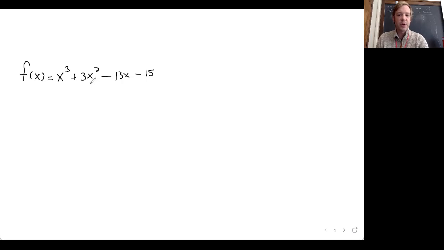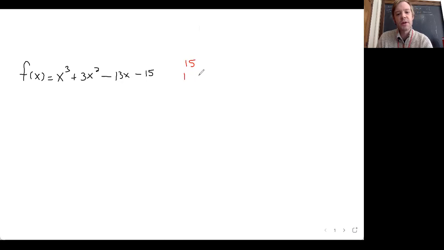Now, obviously, if we are plugging in numbers, there are an infinite number of numbers. How do we know which numbers to plug in? Well, we are looking at the factors of our constant term right here. So this 15, I'm going to write this 15 off on the side. And I want all of the numbers that divide 15 evenly, both positive and negative.